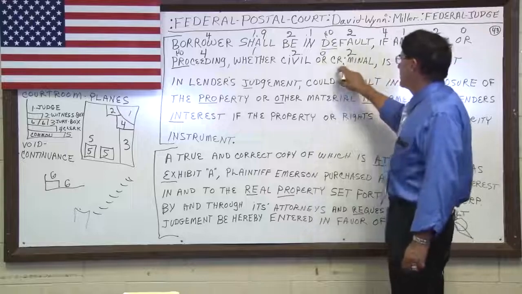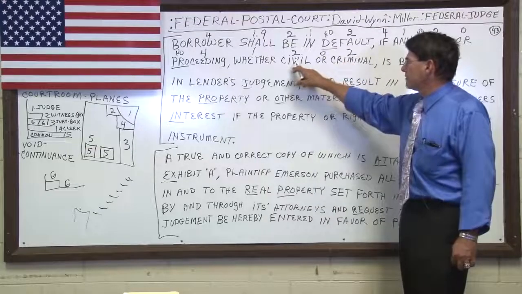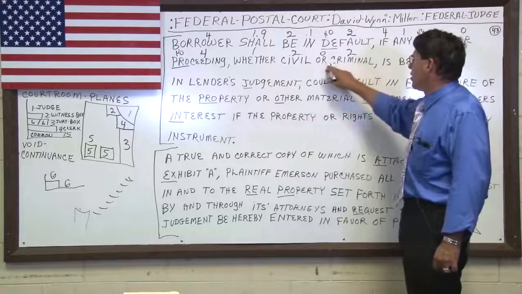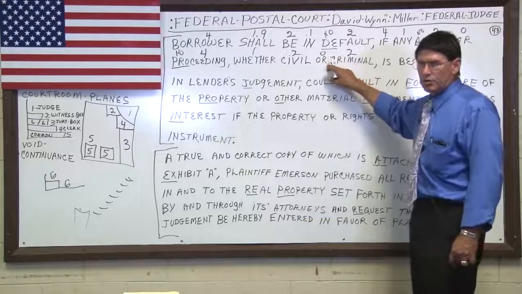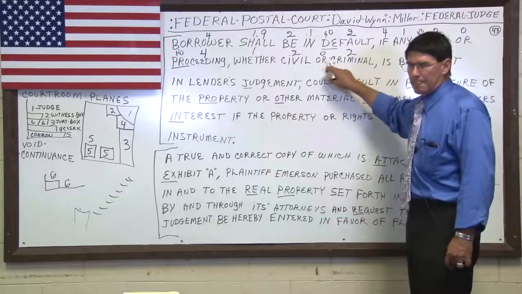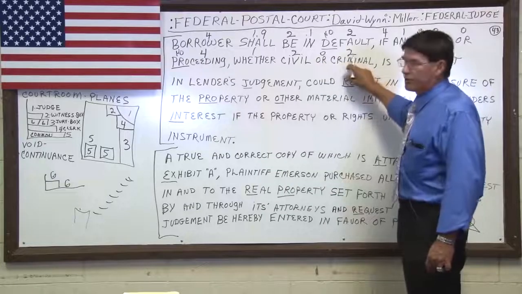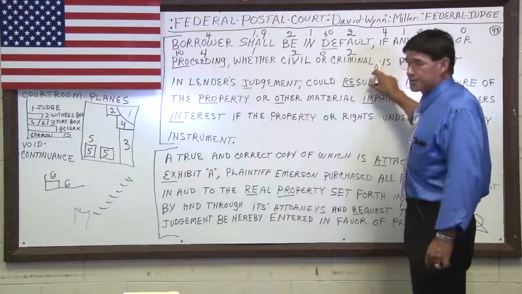Now the reason criminal here becomes civil, if we do whether criminal or civil, or whether civil or criminal, or becomes a neutral conjunction, that whatever number appears before it would normally appear after it if a comma is used.